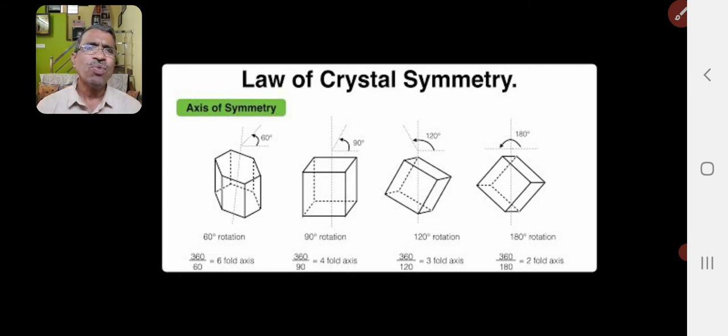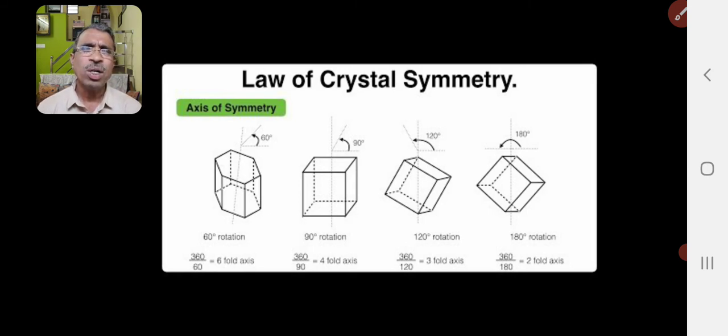Coming to the third one, the twofold axis of symmetry, the total angle is 360 degrees divided by 180 degrees, which gives a twofold axis. In the twofold axis of symmetry, the line passes through the edges. How many edges are there?